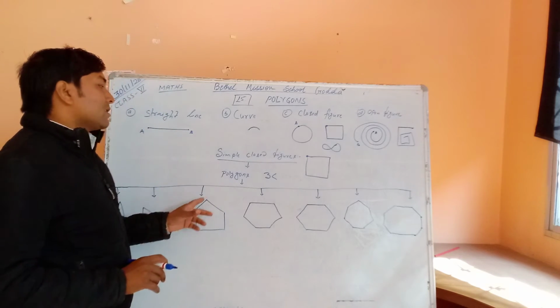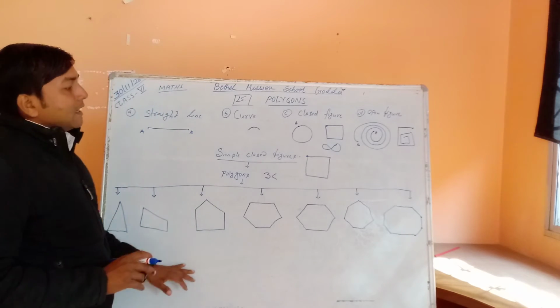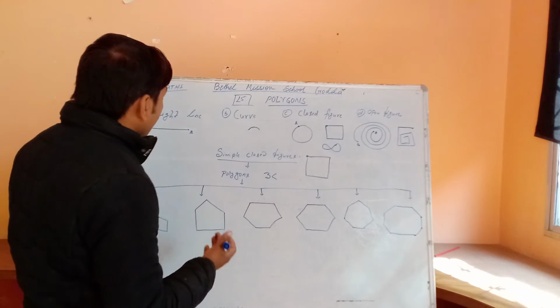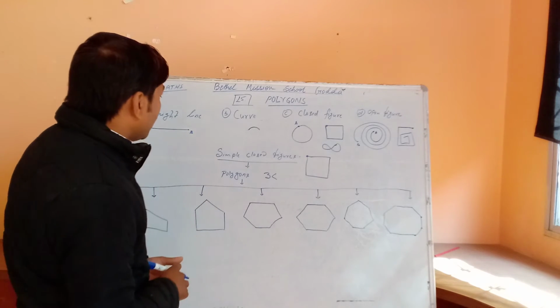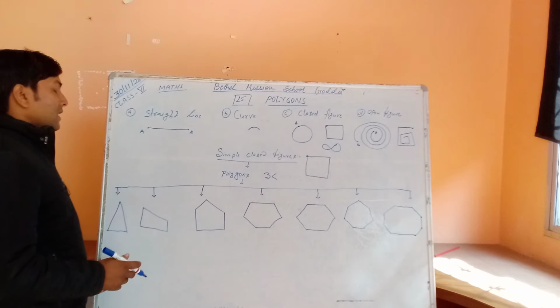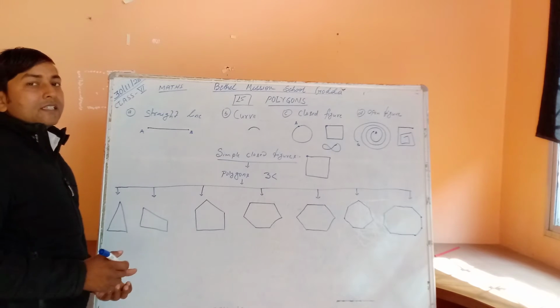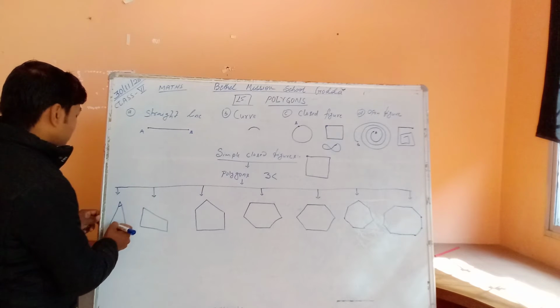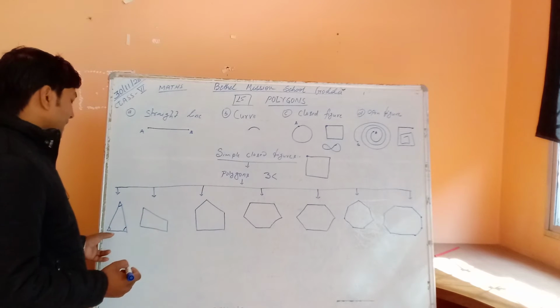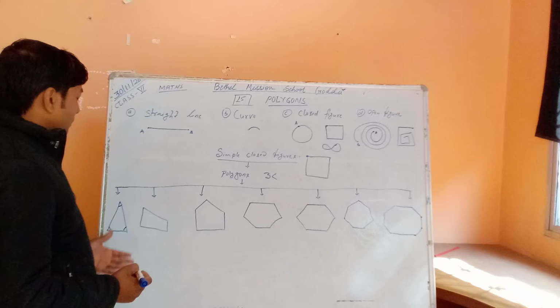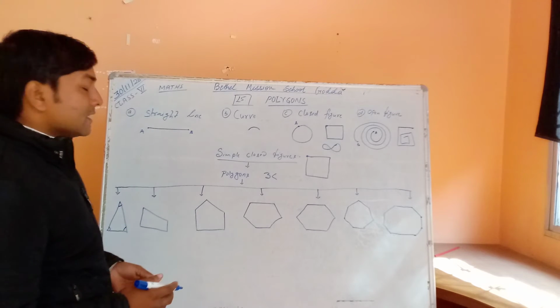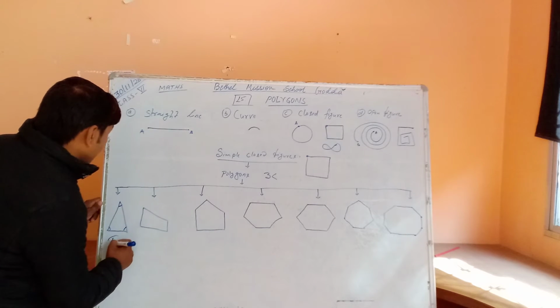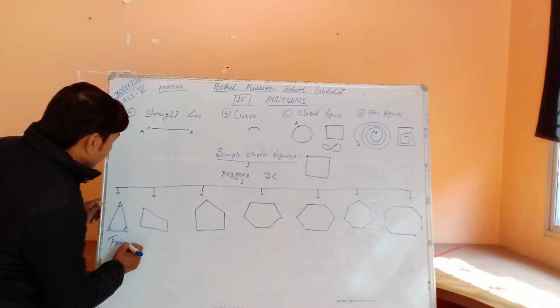Polygons are also divided according to the number of sides. When 3 sides are taken, according to the angles we name it. How many angles? 1, 2, 3. This type of figure is known as a triangle.